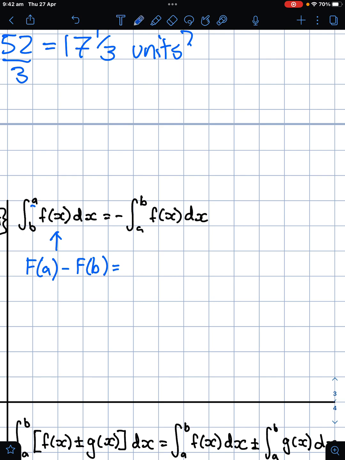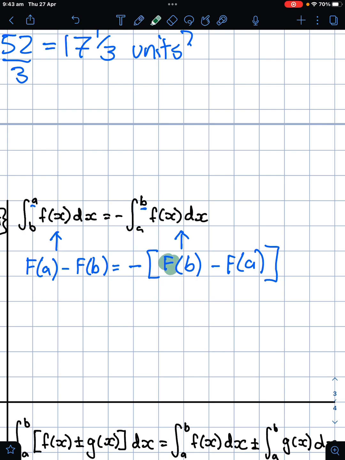So this form here, I'm going to rewrite. If this was -1, this is the left-hand side, this right-hand side here would be f of b, because that's the upper bound here, minus f of a.